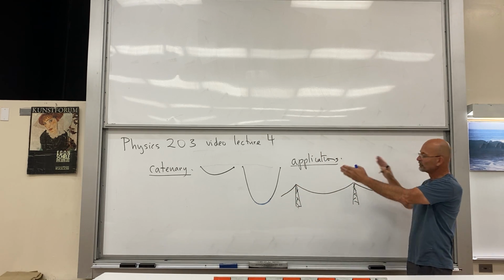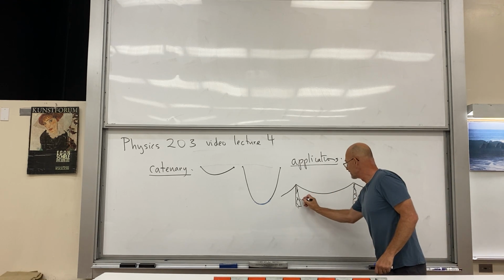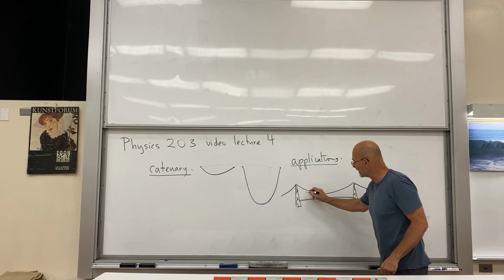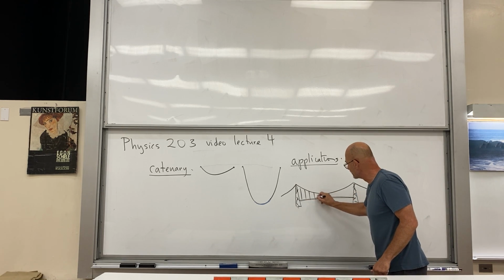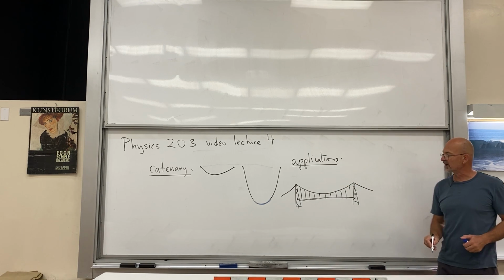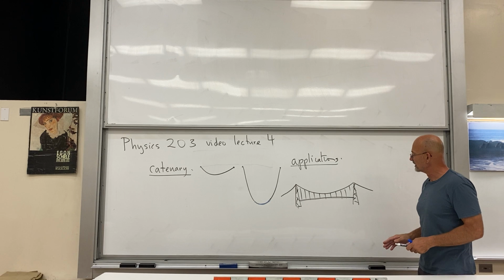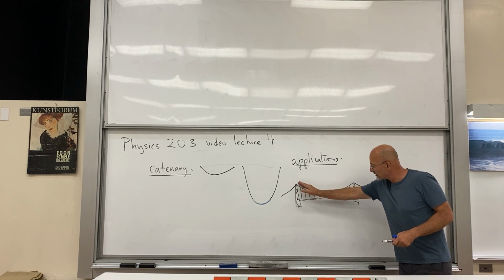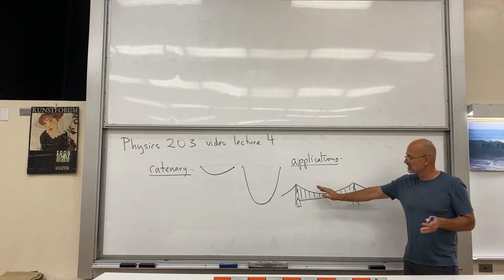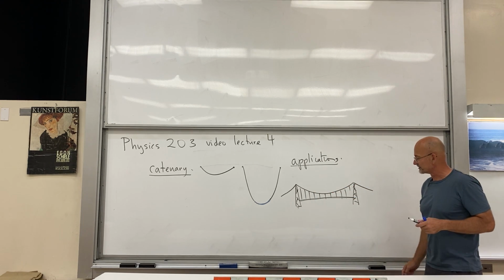Otherwise the towers will be pulled in. Put a road bed here. And of course, in order to suspend the road, you have to have these verticals, and then you have your suspension bridge. So the suspension bridge is suspended from this giant curve, which in the first approximation is the catenary.